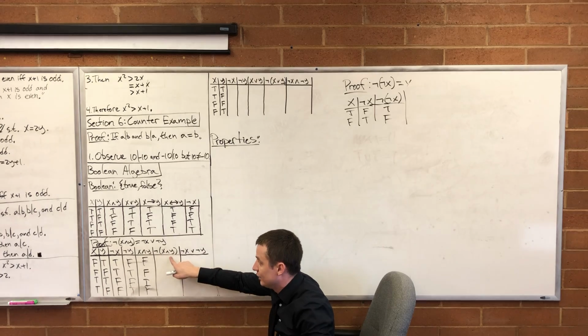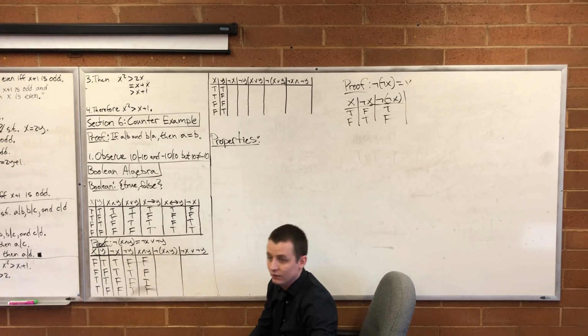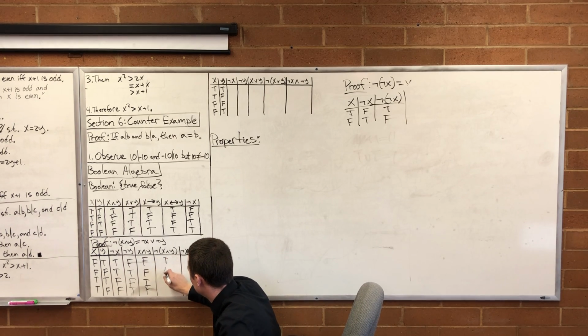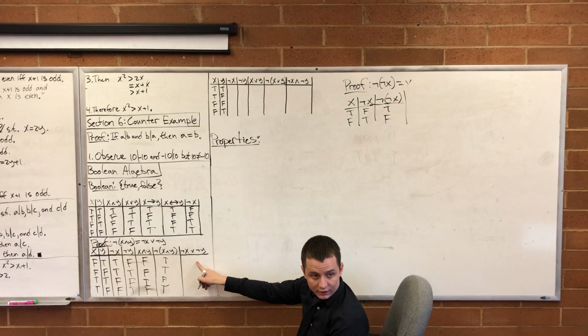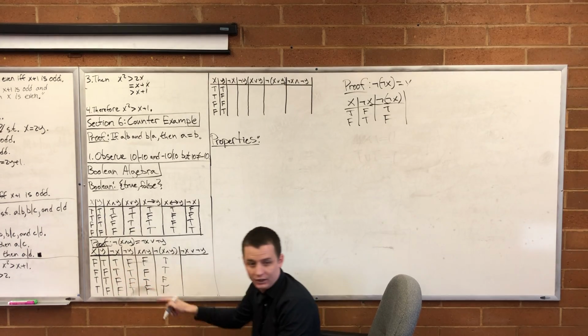So let's actually prove it. Not (x and y) is just the negation of and, right? So that's just going to be, what is it? True, true, false, false, true. All right. So now let's look at this one. This one is ORing the negations right here, so we're ORing these two columns together. Make sense?